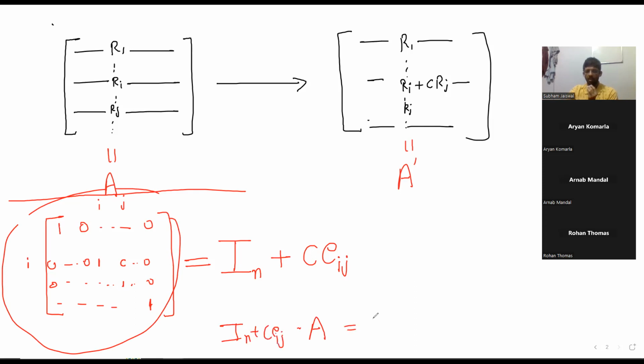This thing times A is equal to A prime. So I take A, I take the jth row and add it to the ith row, and here I take the identity and do that to the identity, and multiplication gives me A prime.